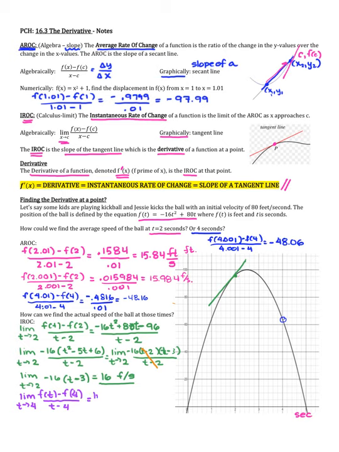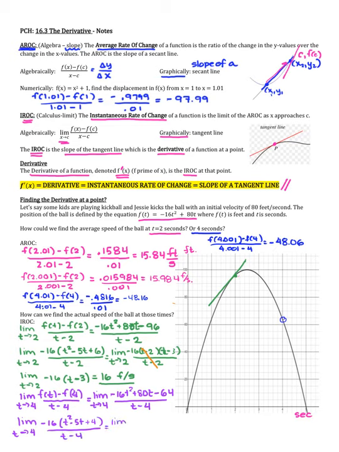When we then plug things in, we have the limit as t approaches 4. So f of t is our original function, negative 16t squared plus 80t minus whatever f of 4 is, which turns out to be 64, over t minus 4. And just like before, we can simplify that rational expression by pulling out a negative 16, and that leaves us with t squared minus 5t plus 4 all over t minus 4.